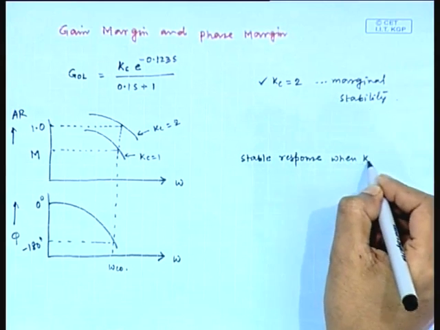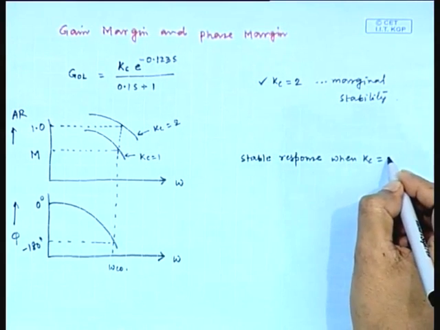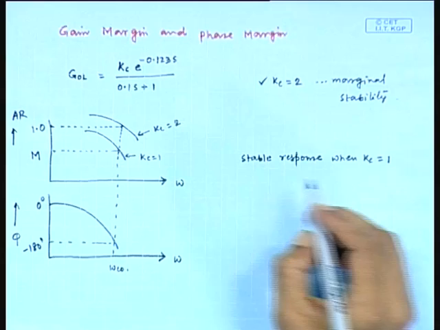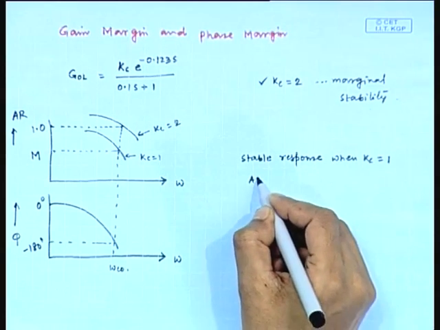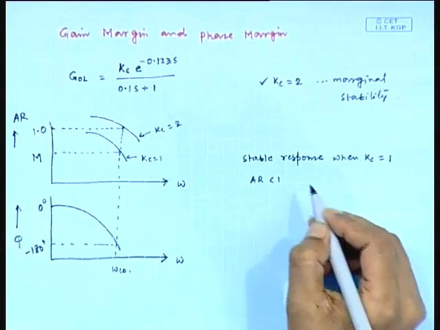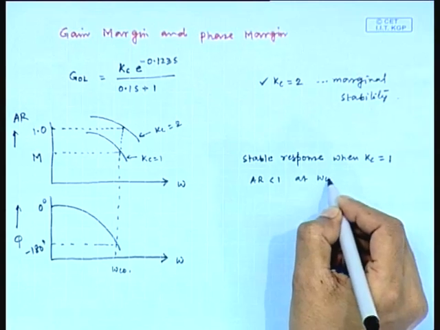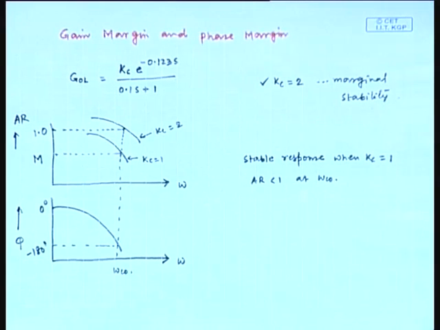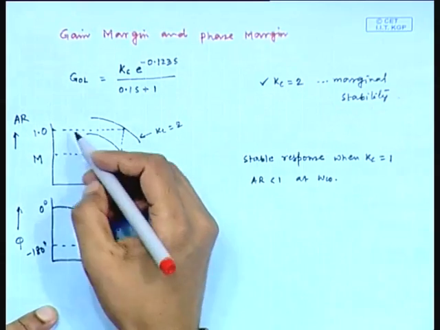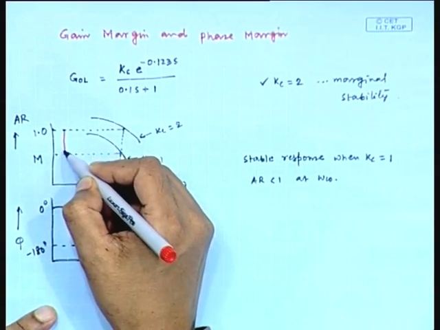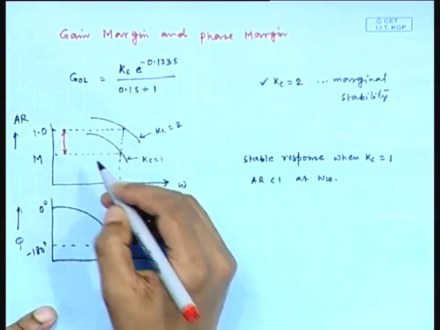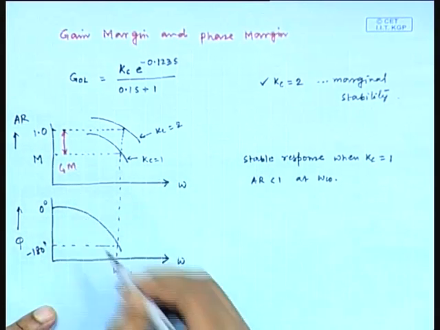Now, this difference is called as gain margin.